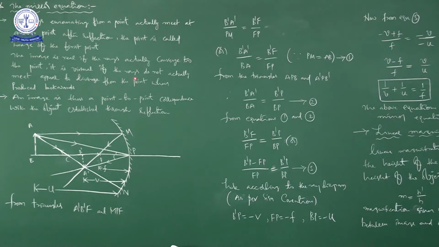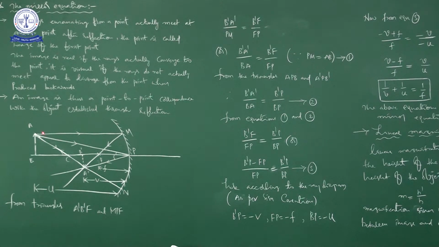Okay, right. See some other point. An image is thus a point-to-point correspondence with the object established through reflection. Okay. So here it is the image, it is the object. The size of the image may differ when compared to the size of the object.